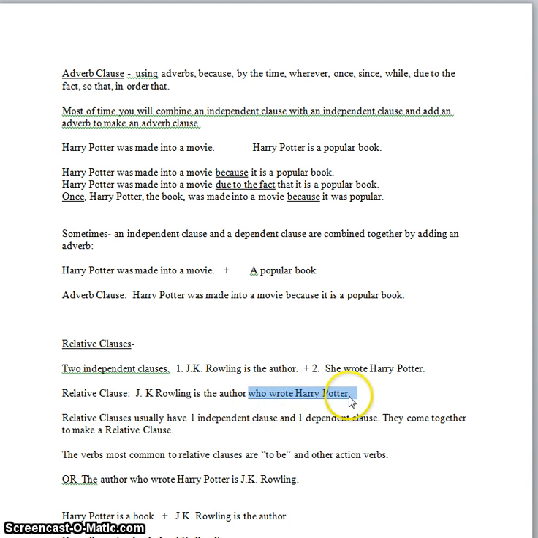Who wrote Harry Potter? Well, J.K. Rowling did. So usually relative clauses will have one independent clause and a dependent clause. That can also happen. Or we can also have two independent clauses like I have here.